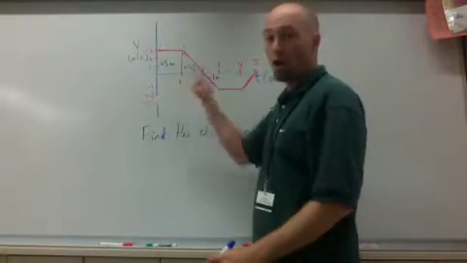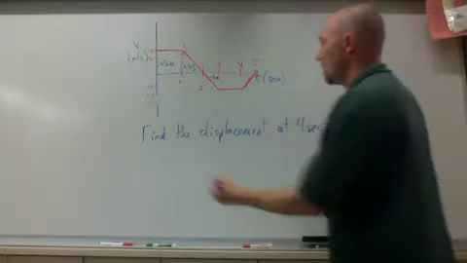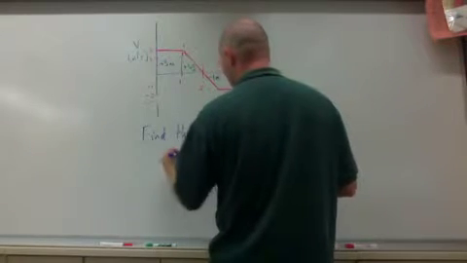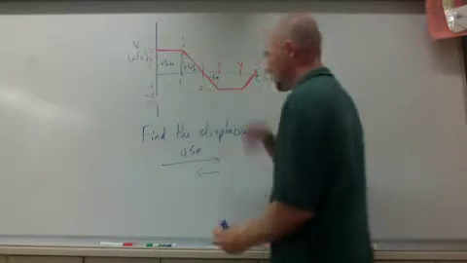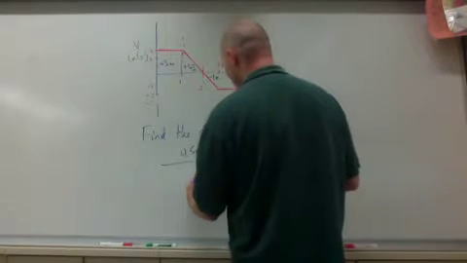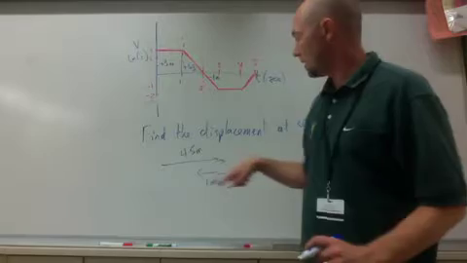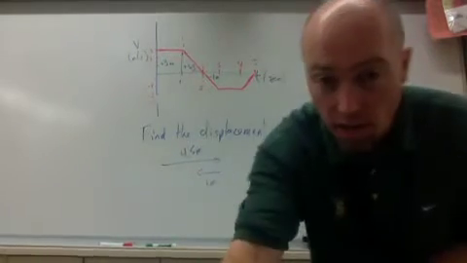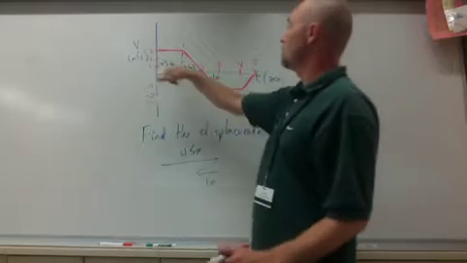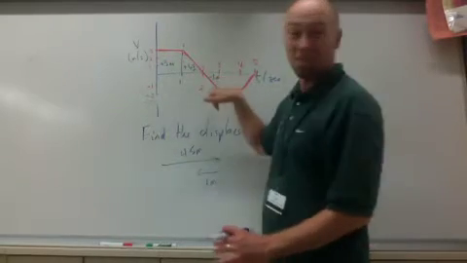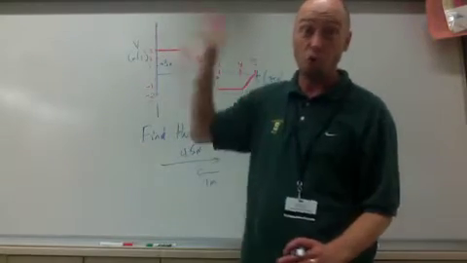So now I've gone forward 4.5 meters, and now I'm going to start going backwards. This piece I went backwards 1 meter. And so really, if I was to ask you, hey, what's your displacement after 3 seconds? Well, 4.5 minus 1, it'd be 3.5 meters forward.